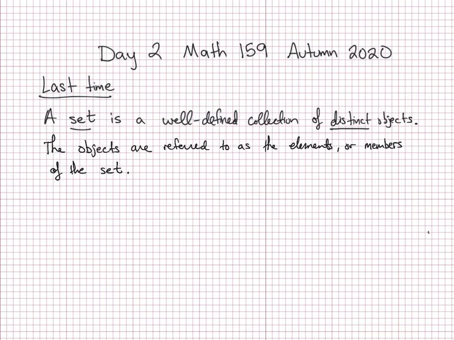One thing which I didn't get into was ensuring that this was distinct. What I mean here is if I take the set circle, triangle, square, this is the exact same as the set circle, triangle, and square.